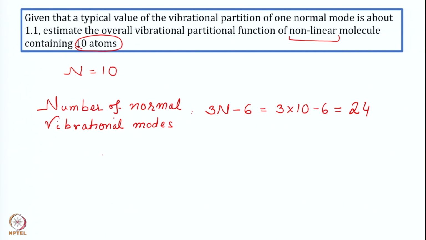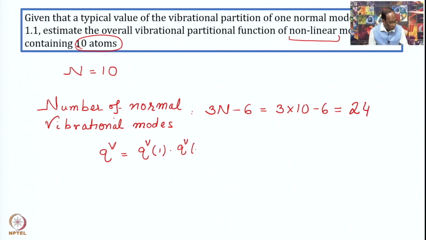So therefore, that means here the overall vibrational partition function is going to be QV of first into QV of second into QV of third into, keep on going, you have QV of 24.